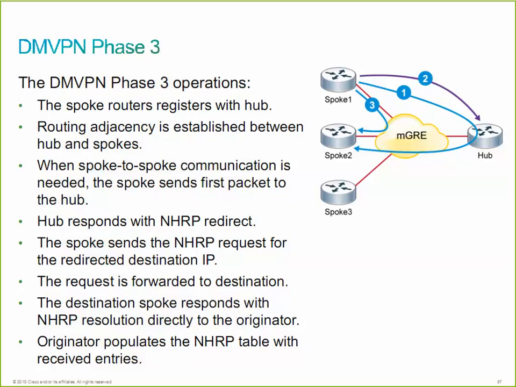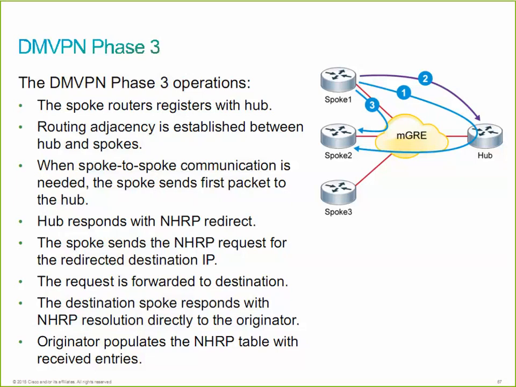Okay? In addition, the hub sends a message back to the originator of the traffic with something called an NHRP redirect. That message tells the originator of that traffic that the forwarding that it's presently doing is suboptimal. In other words, don't send the junk to the hub.